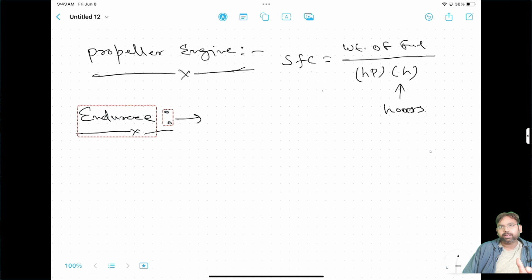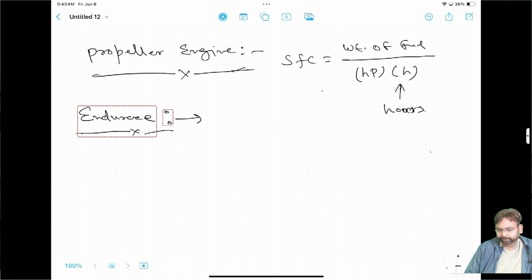We have to keep our aircraft in the air for a longer time. It means if you are spending less fuel per unit time, then you can sustain your aircraft in the air for a longer time.